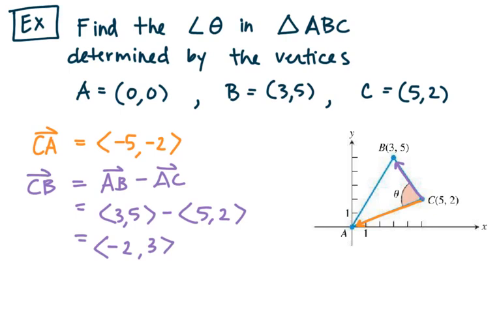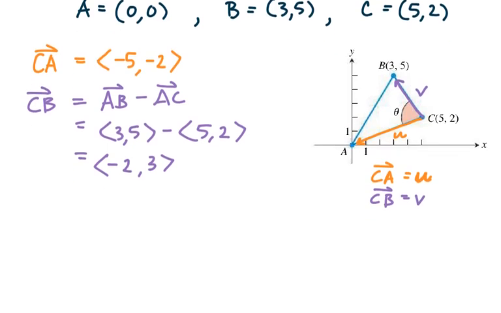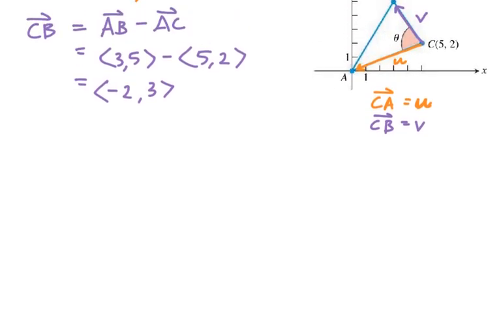So for the sake of making our calculations easier, I'm going to let CA be equal to the vector u, and CB is going to equal the vector v. And what we need to find is the angle between u and v.